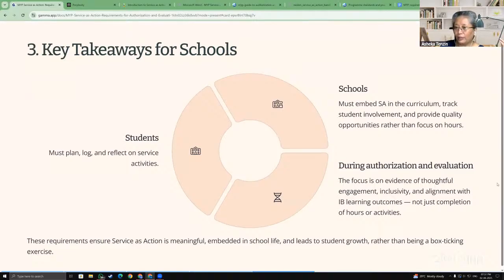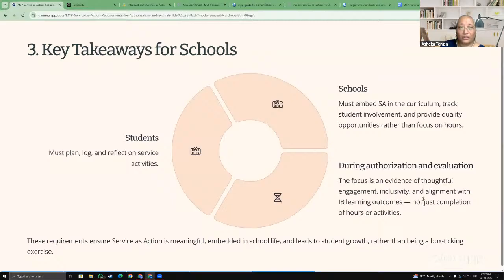And during authorization and evaluation, the focus should be on evidencing whatever engagement you have done, and if you have included all the students in that particular activity, and whether those service activities are aligned with the IB learning outcomes.